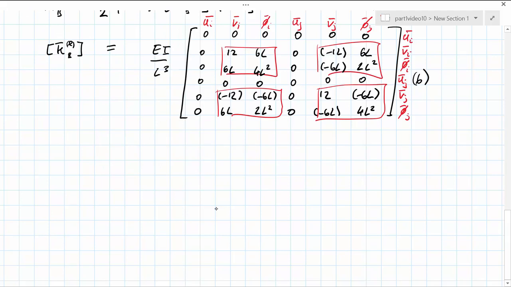The plane frame stiffness is then the summation of the contributions from axial stiffness and bending stiffness.